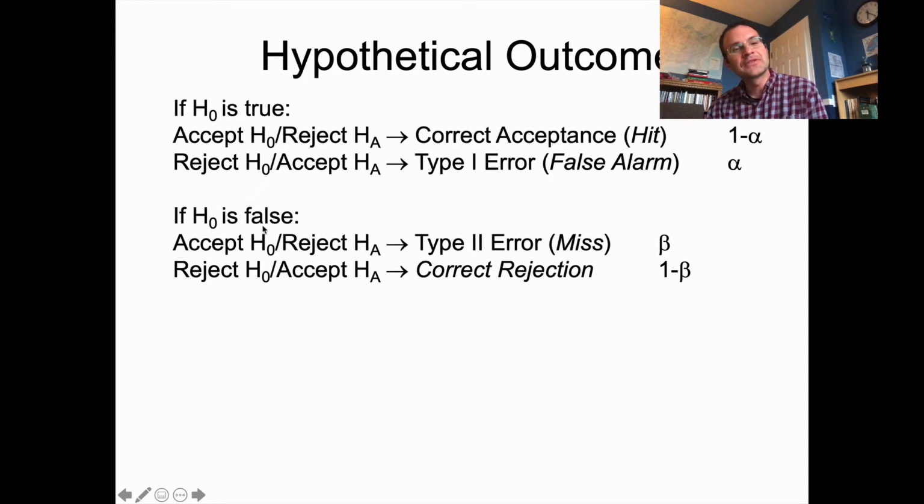If the null hypothesis is false and you reject it, which is basically what you should do, that's called a correct rejection, and that relates to this quantity 1 minus beta. So in this case, if the null hypothesis is false, something is going on, and you say as a result of your experiment that something is going on.